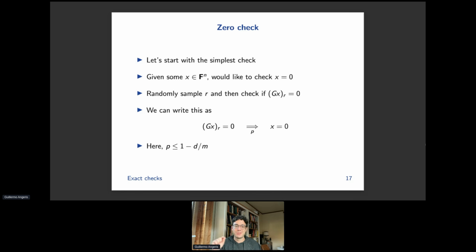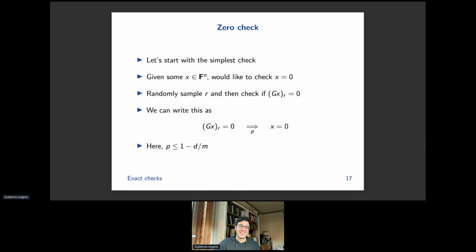Not multiple rounds, just doing it once. Multiple rounds will give us a better probability estimate, but for almost all intents and purposes, this is very, very good. And as given before, the probability that this check fails is at most 1 minus the distance divided by the number of symbols in the encoding.